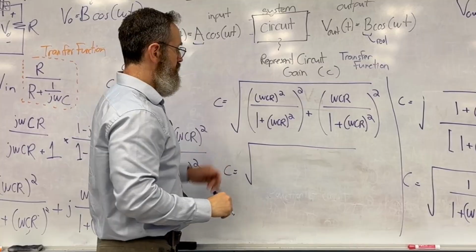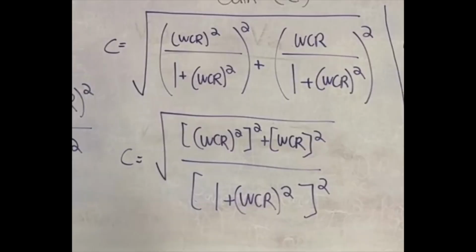So this is, I'll write it out, WCR squared and then this term here is squared plus WCR squared over 1 plus WCR squared, all this is squared.